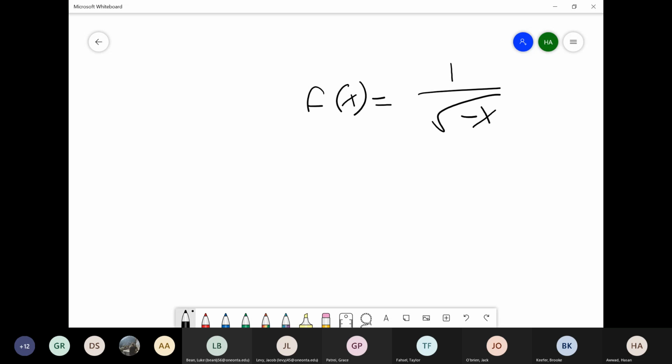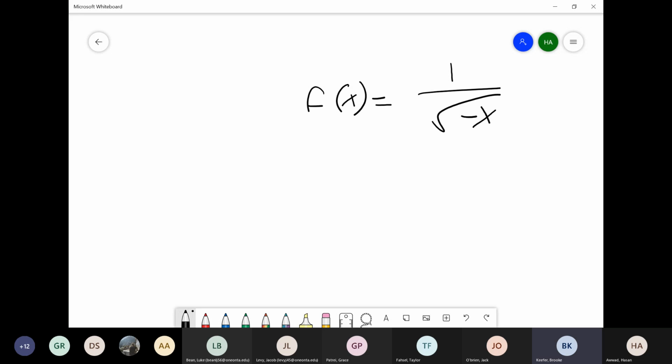I'm not sure if that has been resolved or not, so we can move on. Brooke, if you can list a second domain restriction that we learned in this class. That there can't be a negative under a radical. Oh, well, that's the one that Luke just said. So there should be 2 more.